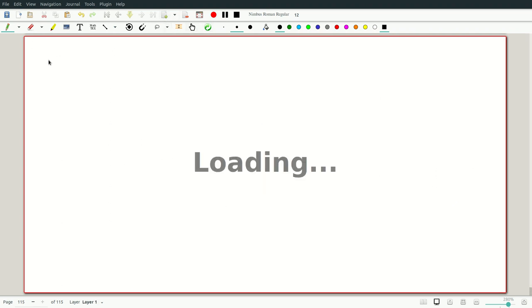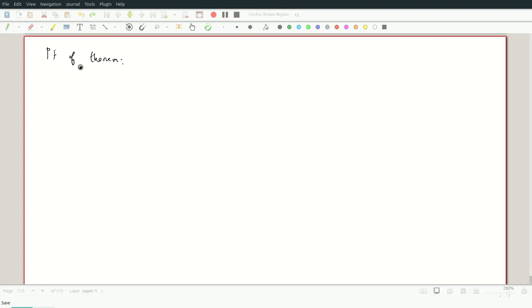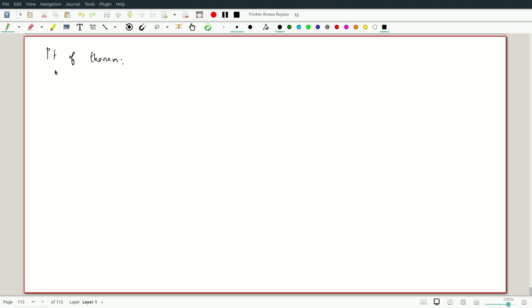The idea of the proof of the theorem is, first of all, we'll rescale. That will be our first step. By rescaling, assume F maps A to [0, 1], and we will map it inside this.